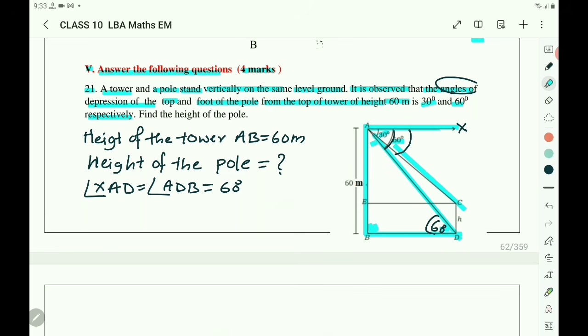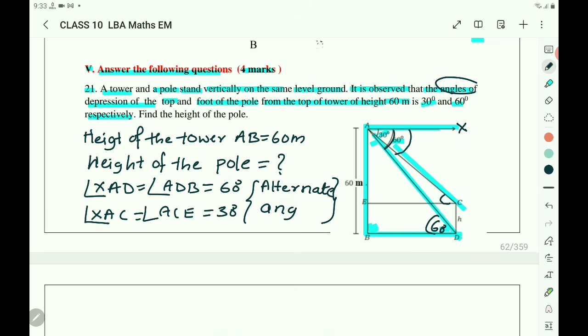Angle XAC equals angle ACE. Both are equal to 30 degree. Write the reason: alternate angles.